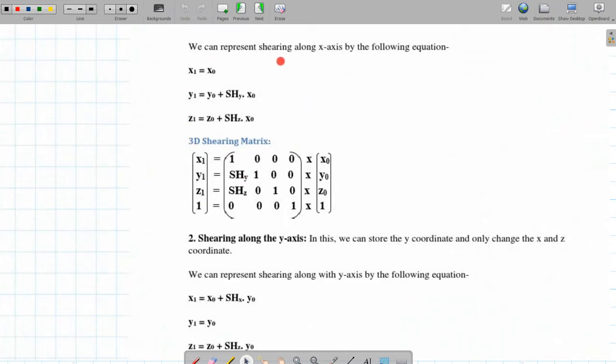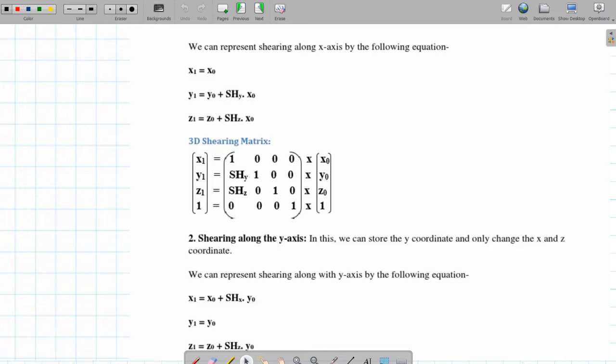There will be no change in x coordinate value, hence x1 equals x0. There will be change in y coordinate value like this: y1 equals y0 plus shy multiplied with x0, and z1, that means z coordinate value after shearing transformation along x-axis, equals z0 plus shz multiplied with x0.